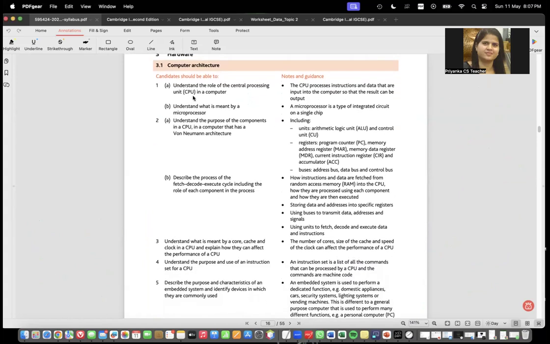So you should know what is CPU. CPU is something which processes all the instructions and the data. Now there are two other terms: one is microprocessor, and one is microcontroller.